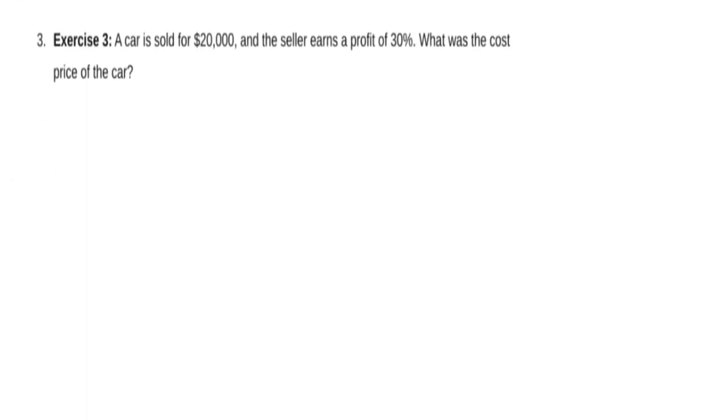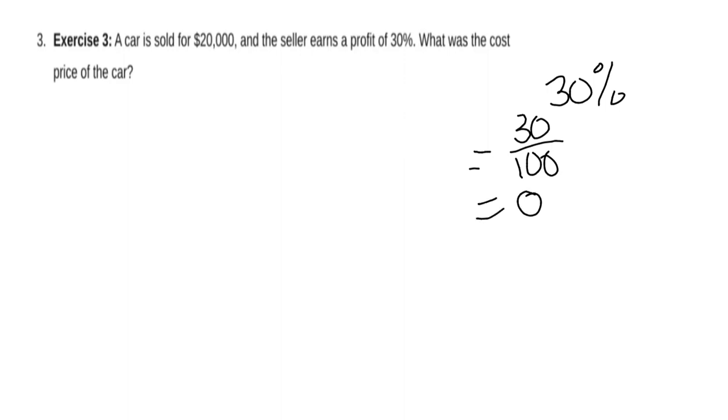So let's try the last question once again. This is always important, just to understand how your percentages work. So we have 30%. Again, we can express this 30% as 30 over 100, and in decimal format, it's 0.30. You can always start off by converting your percentage first before you get into the calculation.